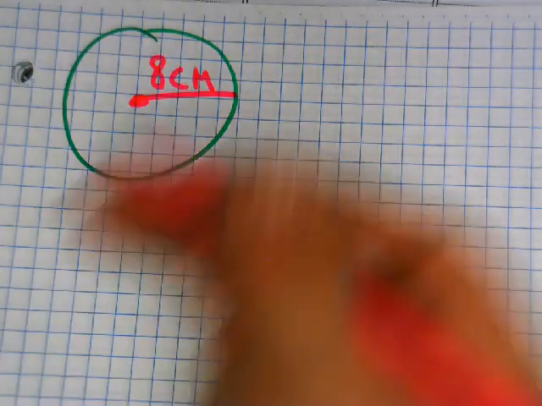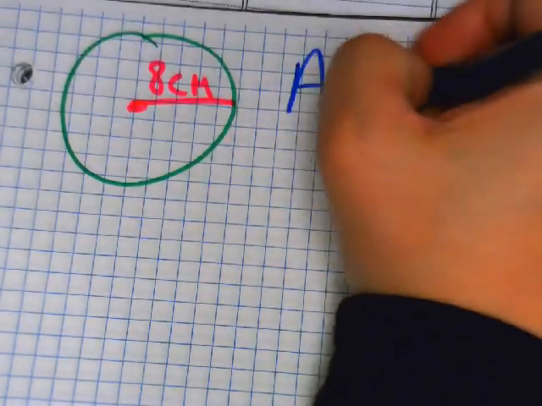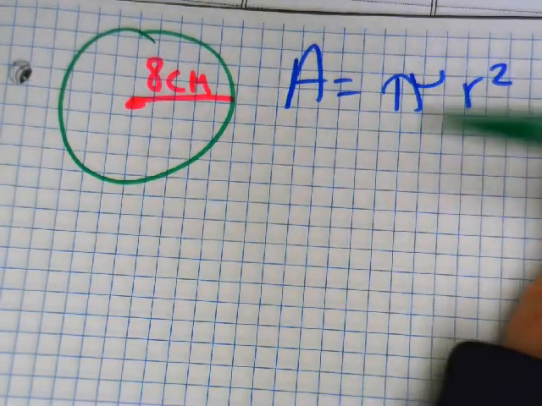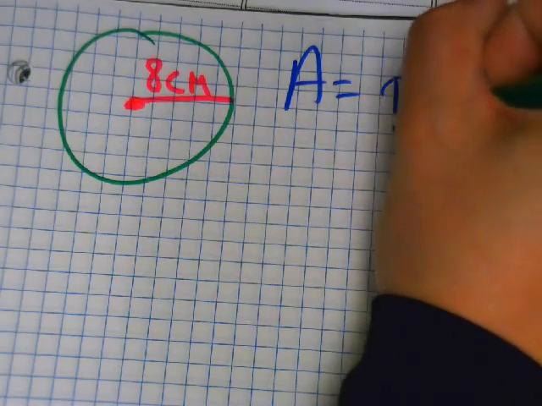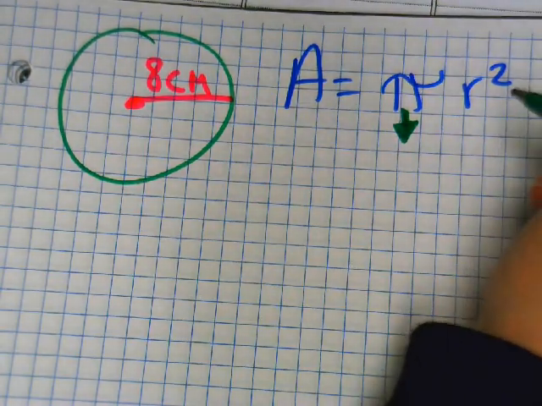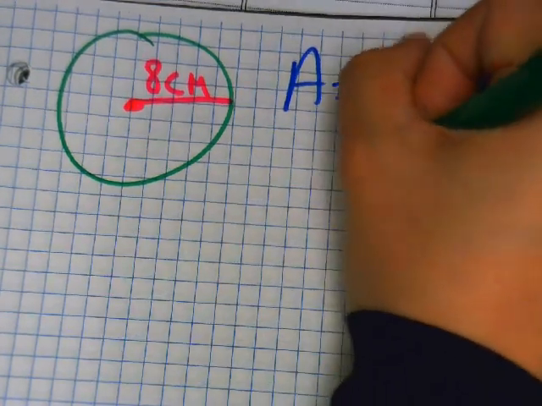All right, now we're going to do the formula. Area is equal to pi r squared. So write this down. Everybody gets to write this down. No one is more special than anybody else. Everybody does it. We're all equally special. What is pi? All right, write it down. Substitute.